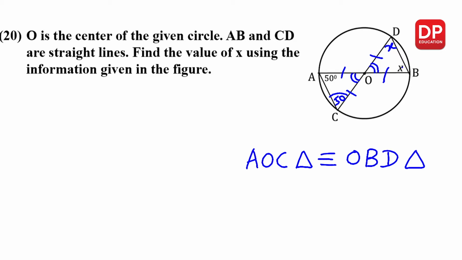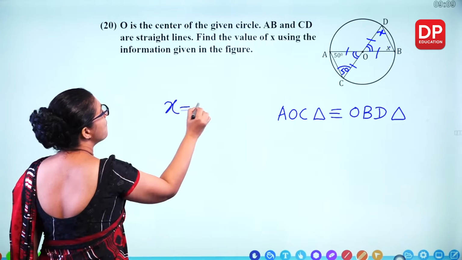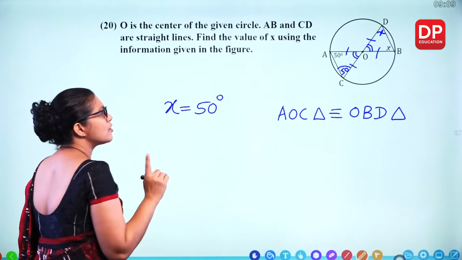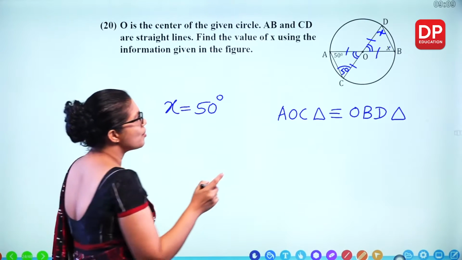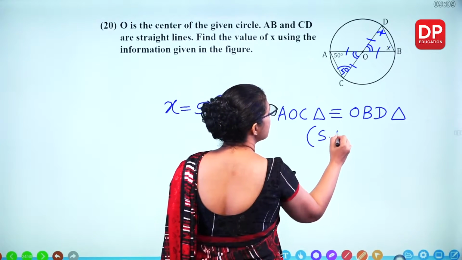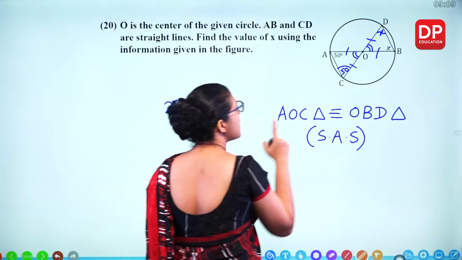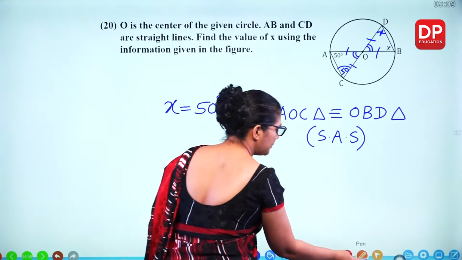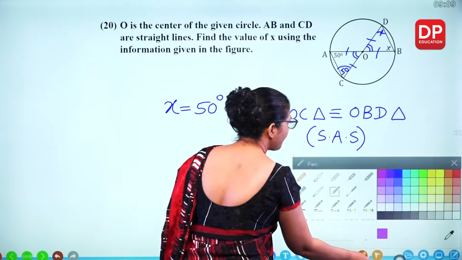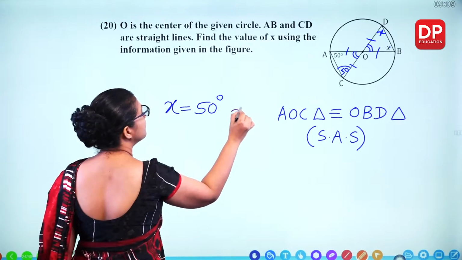So x is 50 because the two triangles are congruent because of SAS, two sides and included angle. So 2 marks.